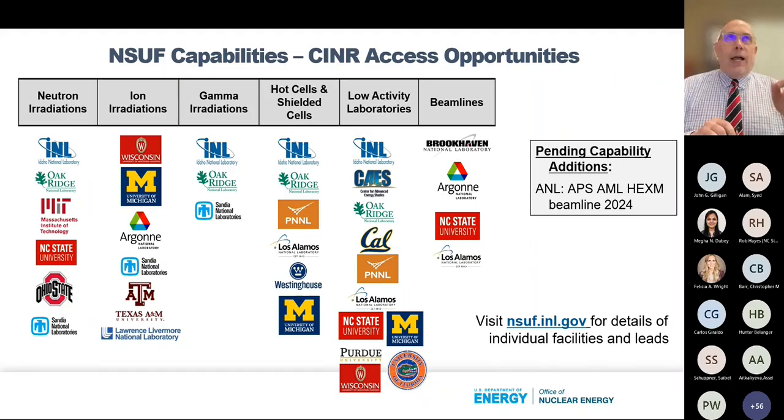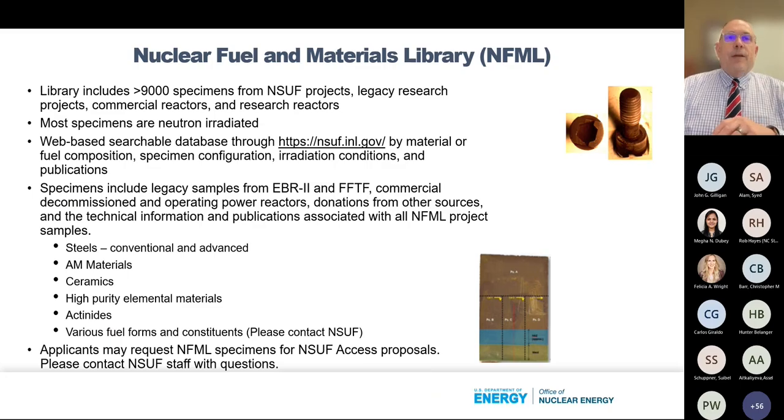It'll come online probably late calendar year 2024, but it would probably be available for this. If you're interested in using that, once again, reach out to us and let us know. I said all the capabilities, all the partner contacts are available on our website. Next slide, please. Thank you.